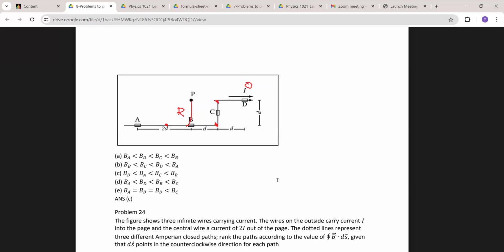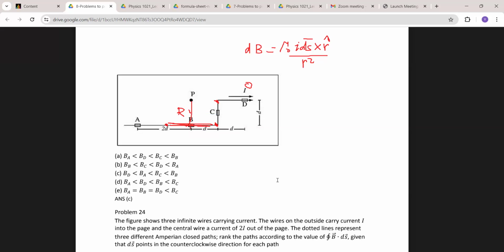Here, we are going to return to the Biot-Savart law, where we say that delta B is mu naught I ds cross the unit vector r over r square. So the smallest distance, the greatest magnetic field. On the other hand, the longest wire gives a maximum magnetic field.